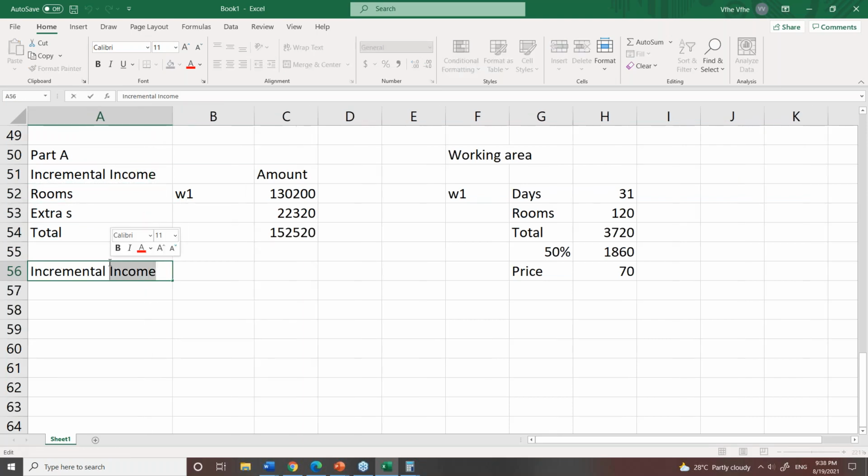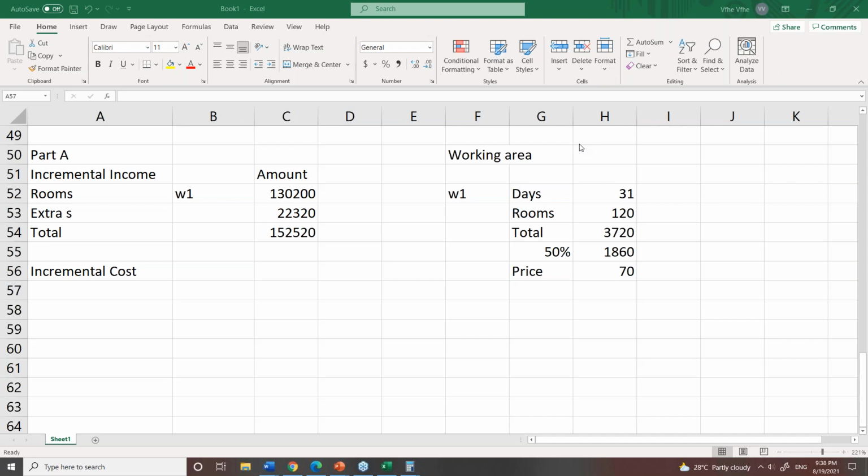Let's see the additional cost. $130,200 is the revenue from the rooms. You can see here 1860 is basically your occupancy, and 70 is the price per room.